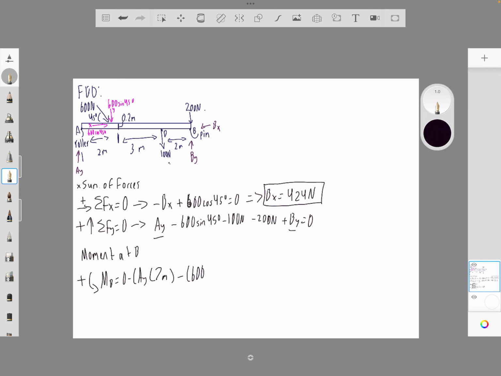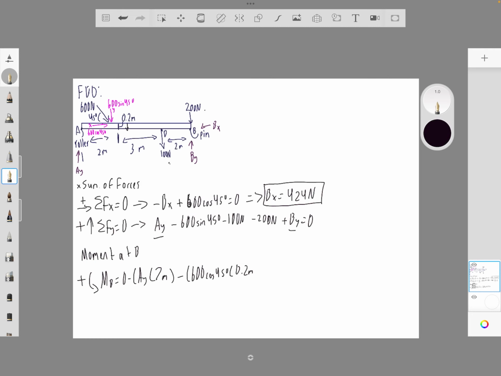Continue writing this out. So, 600 cosine 45 is 0.2 meters away from B in the X direction. It's a little confusing, but it makes a little bit of sense because you're taking it from this way. So that's the width right there, and that's where you take your moment. I know that's a little confusing.